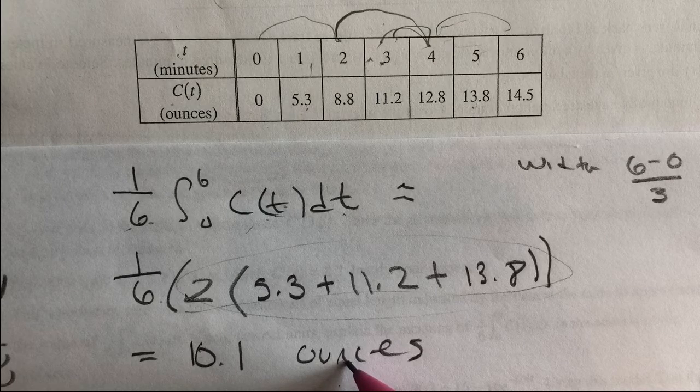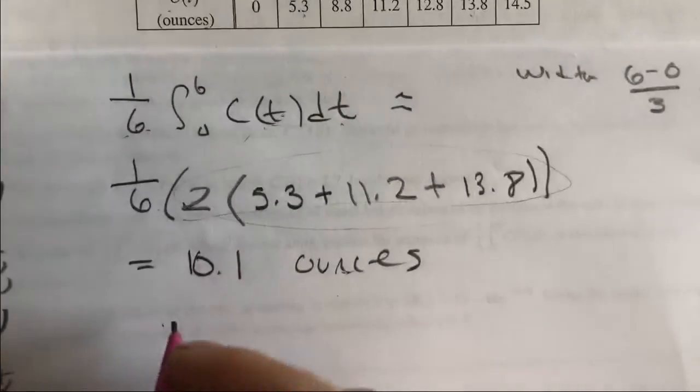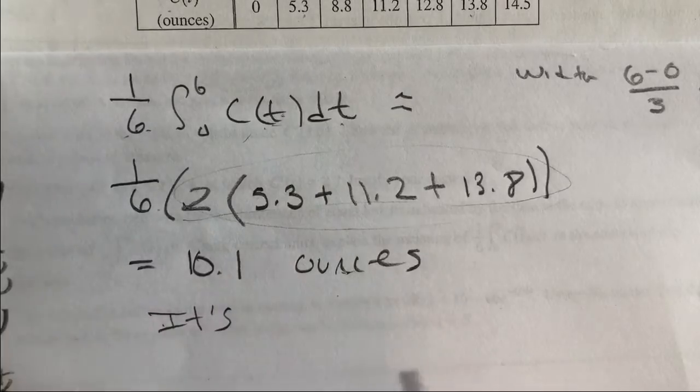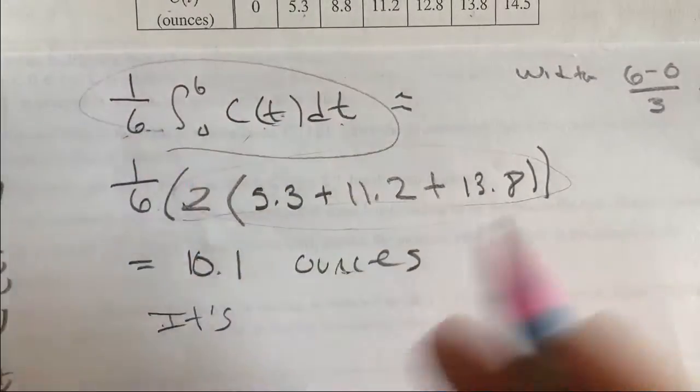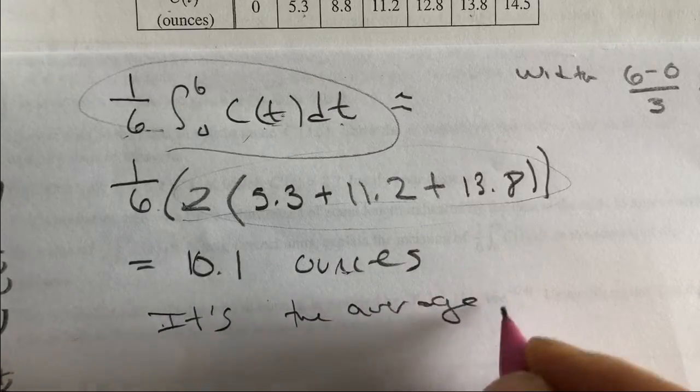Explain the meaning of it in the context of the problem. So it's just the average amount of coffee in the cup from time 0 to 6. I shouldn't use the word it's. I should rewrite this. The average.